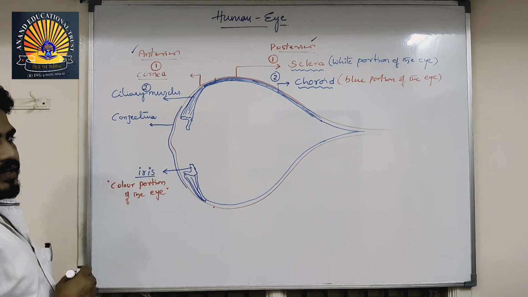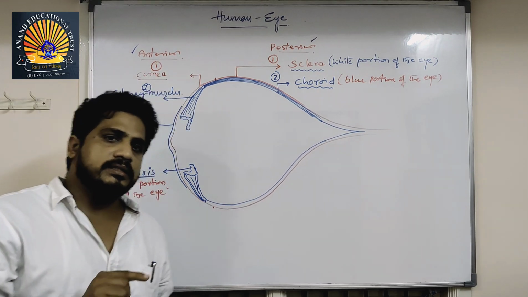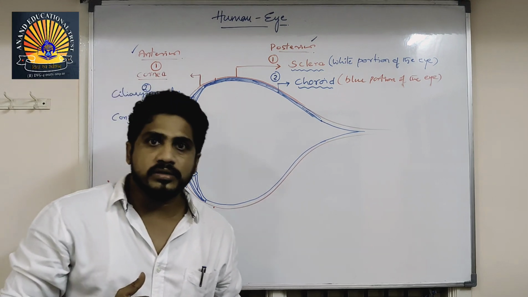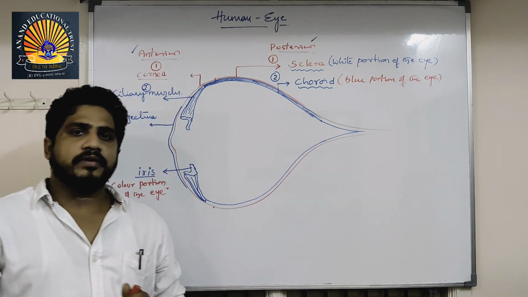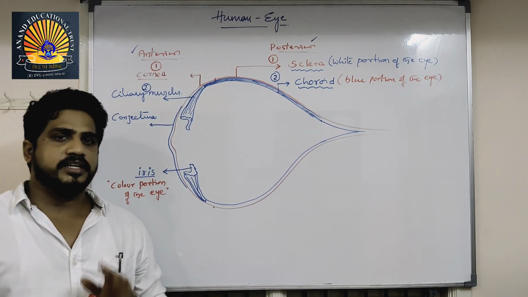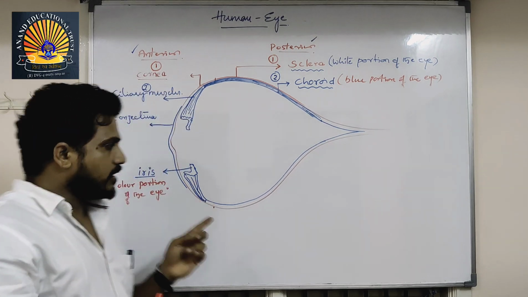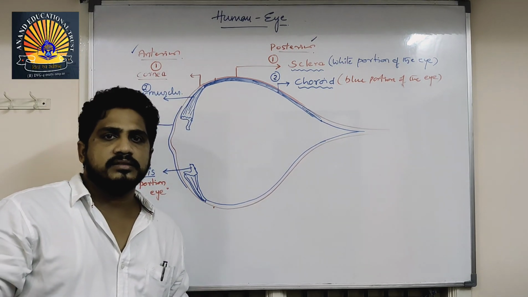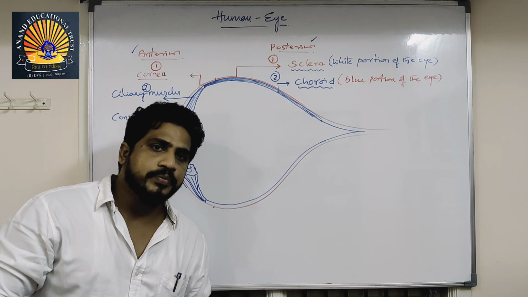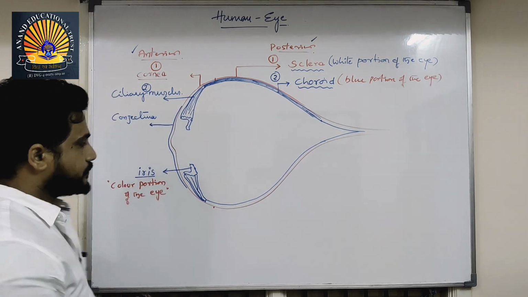If the iris is blue, your eye looks blue. If the iris is brown, your eyes can be judged as brown eyes. So the color of the iris decides the color of the eye.